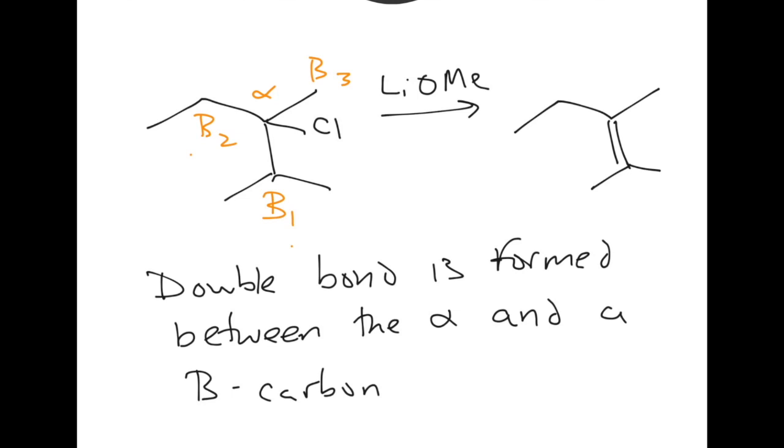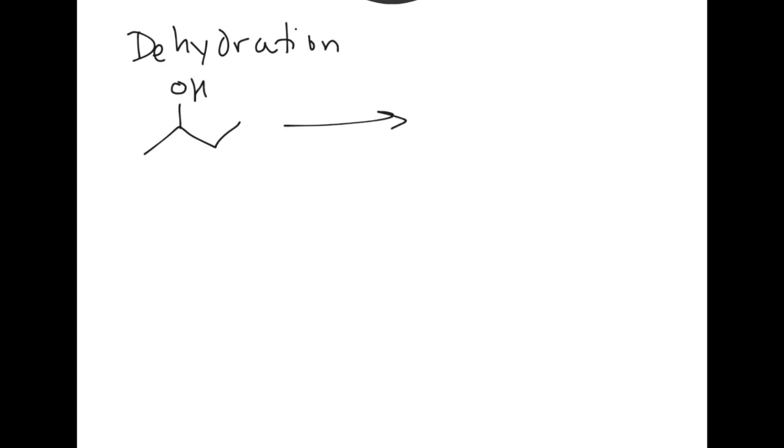So for dehydration, it works pretty much the same way according to the Zaitsev rule. You're going to want to always make your most substituted double bond. The mechanism is different. Right, so you have an alcohol and you have acid and a triangle.